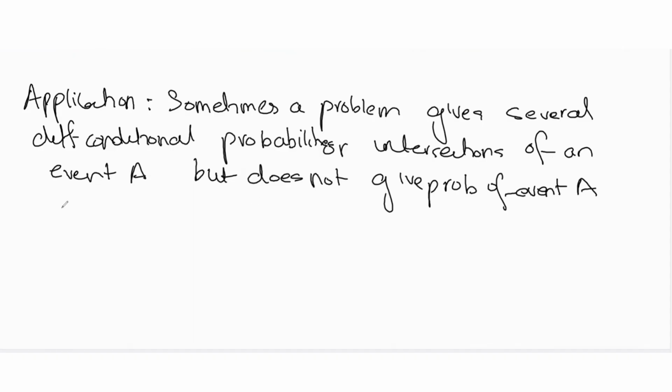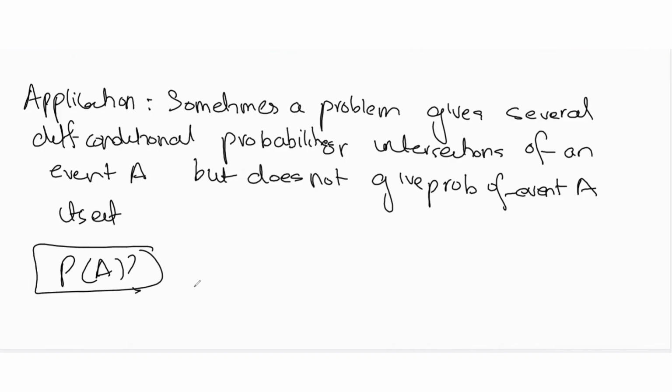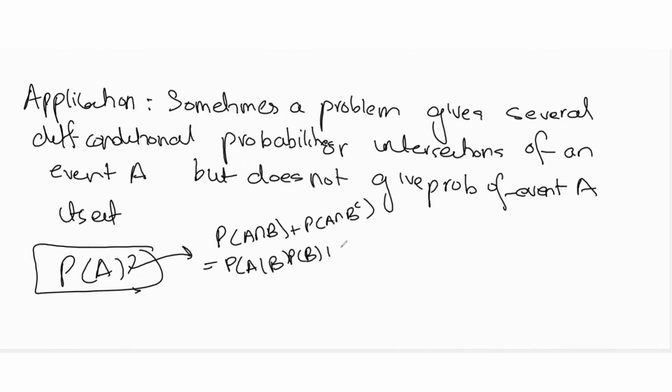So it's not giving us the unconditional probability of A. In that case you can use total law of probability, which says this can be found as probability of A and B plus probability of A and B complement, which can be further simplified using the multiplicative rule as probability of A given B times probability of B. So total law of probability can be written in terms of intersections or in terms of conditional probabilities, depending upon what information you're given.